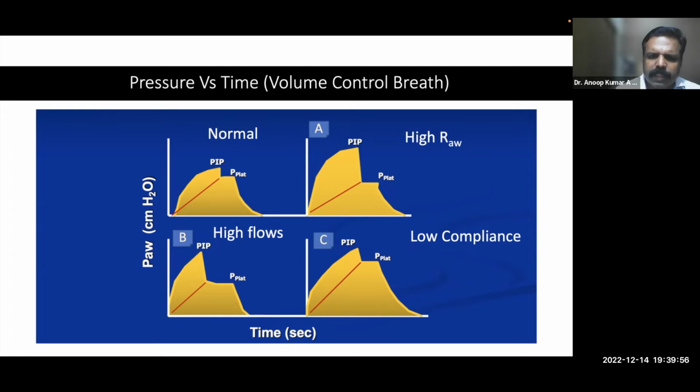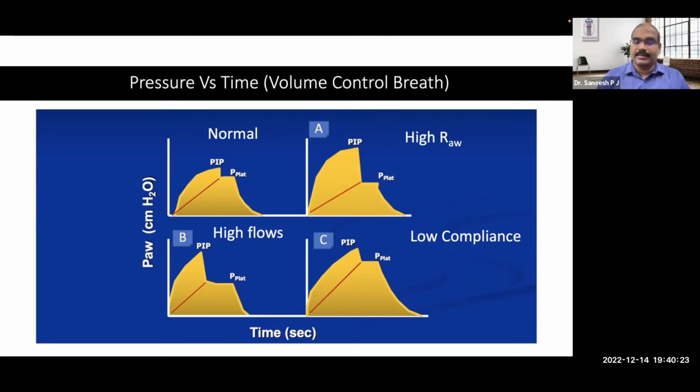So these three scenarios are important, and the ventilator graphics also have a role in adjusting these parameters to the optimal level. I've already told you, by looking at these parameters, we should be able to identify the pathology. Once it is identified, by utilizing these parameters, we will be able to set the ventilator optimally.